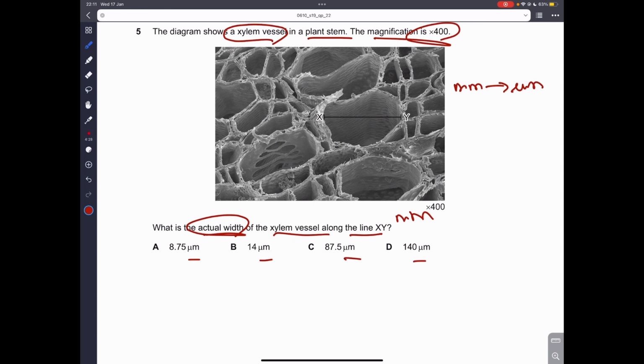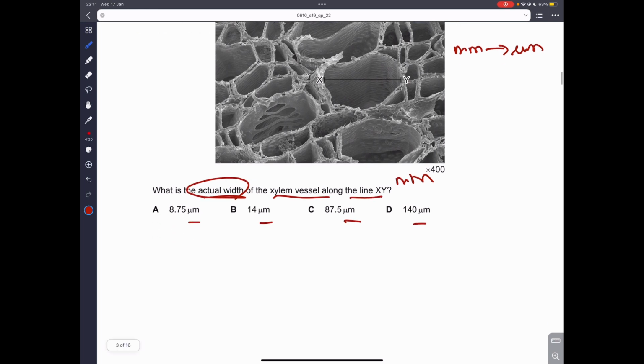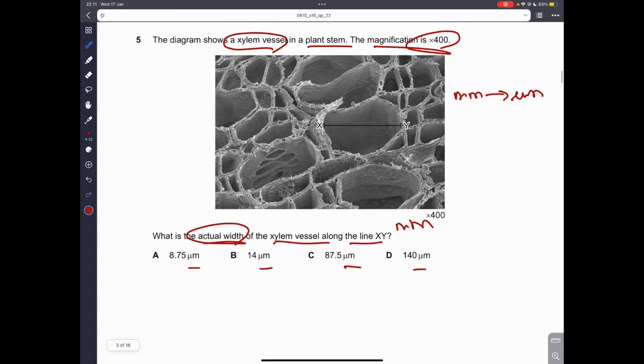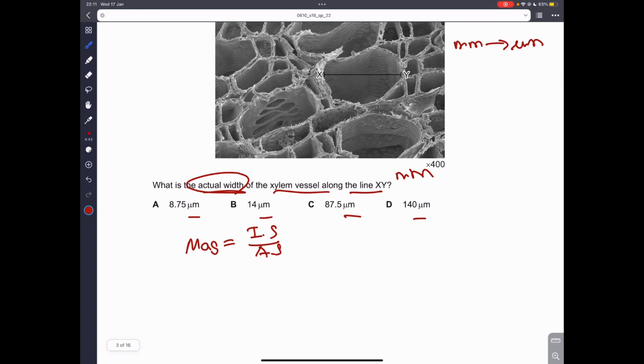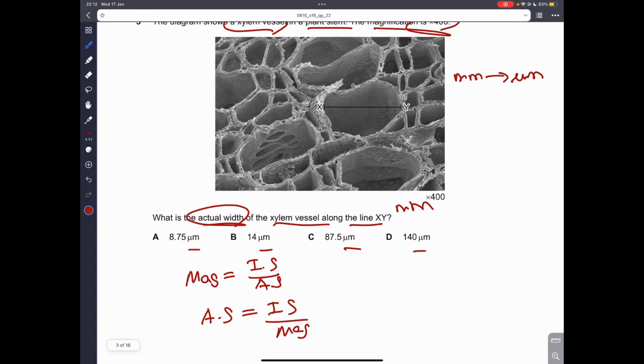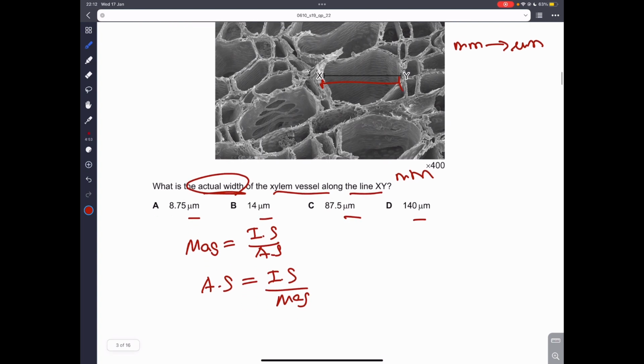I have gone ahead and measured it for you. But firstly, you have to know the magnification formula. Magnification is image size over actual size. It is asking for the actual width, so we can rearrange the equation: actual size is equal to image size over magnification. The image size is the size that you measure from X to Y.